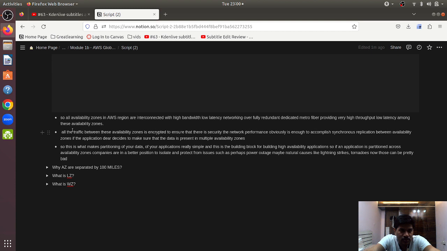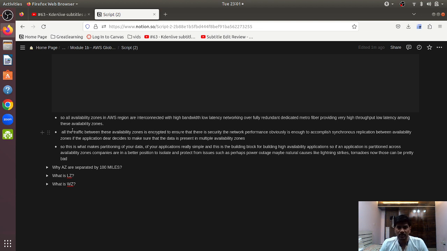All the availability zones in AWS are interconnected with high bandwidth, low latency networking equipment, over fully redundant dedicated metro fiber, providing very high throughput and low latency among these availability zones. Basically, bandwidth is high, latency is low, and it is fully redundant.